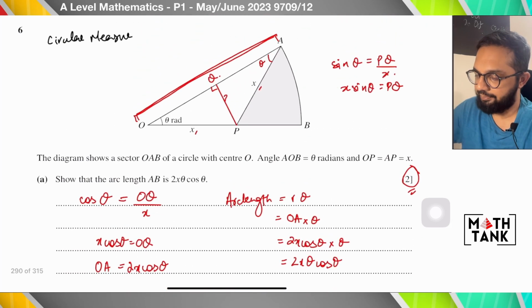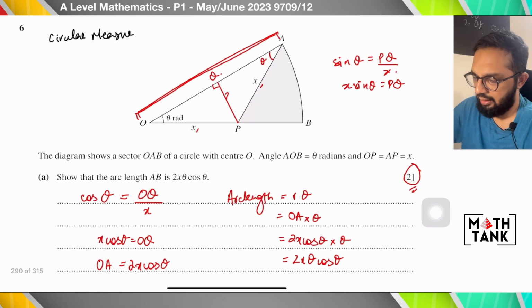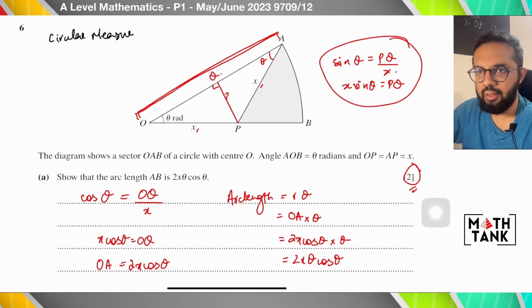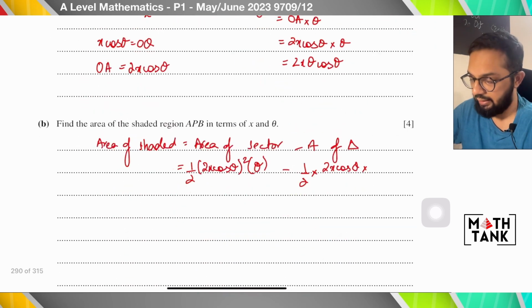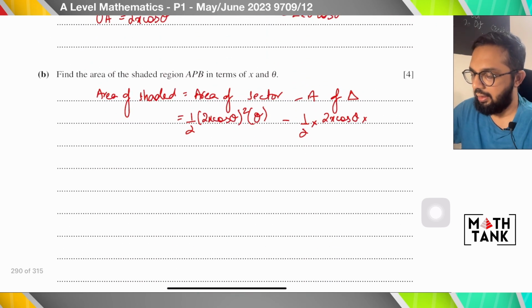And then the height. I've done a bit of calculation here and shown you that you can calculate the height by saying that sine theta equals PQ over x, and that should give you the height. So x sine theta, this 2 cancels out.